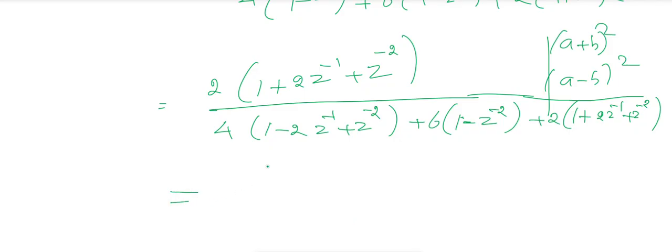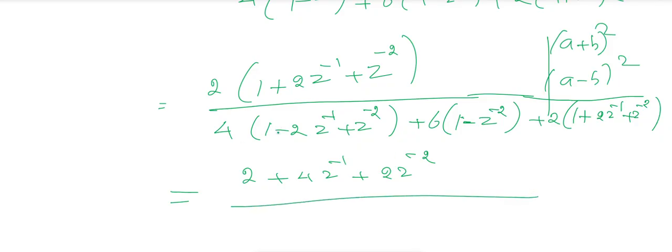So now you can simplify. Multiply 2 plus 4 z inverse plus 2 z minus 2 numerator term, divided by 4 into 6 plus 4 is 10, plus 2 is 12, minus z inverse 8, 8 minus 6, so 4, and minus 6 there.